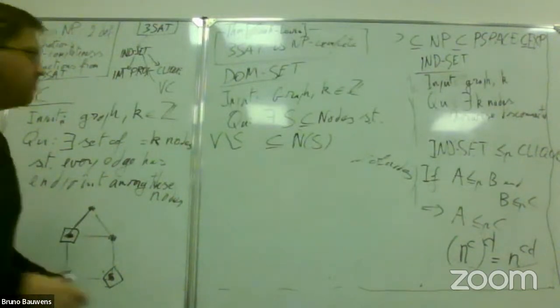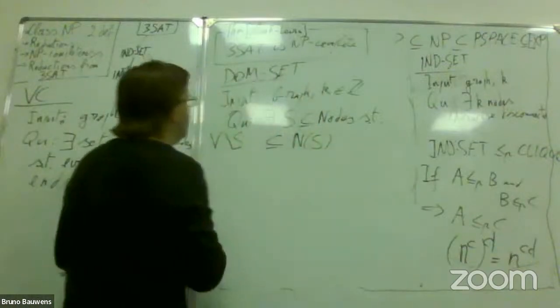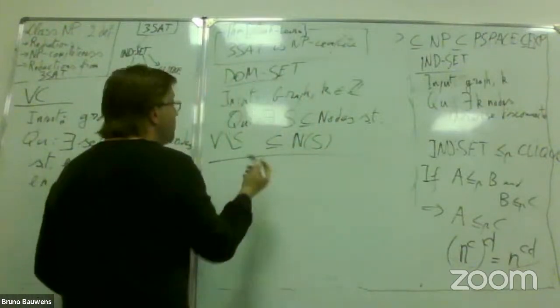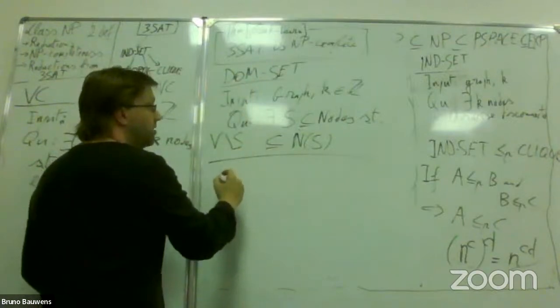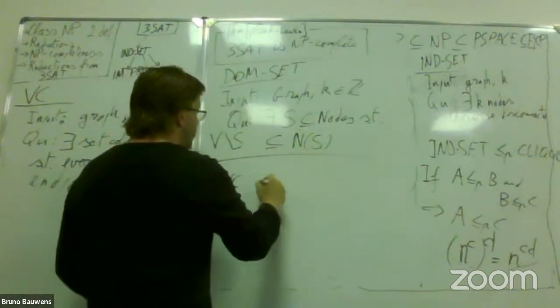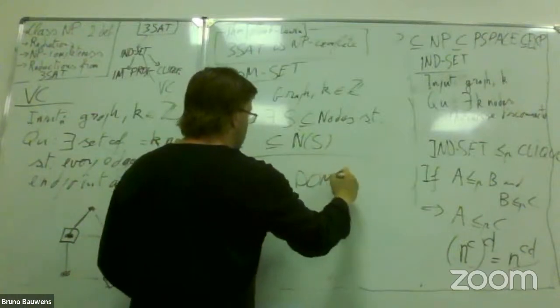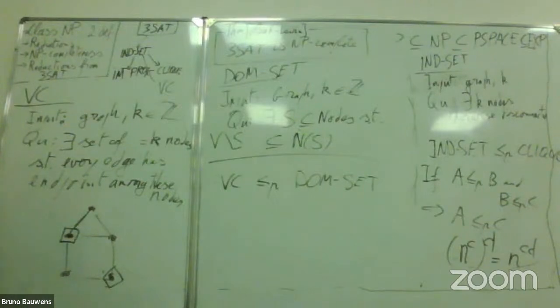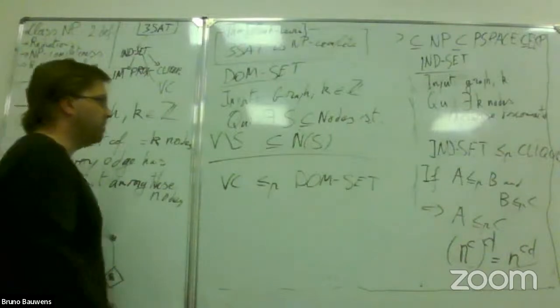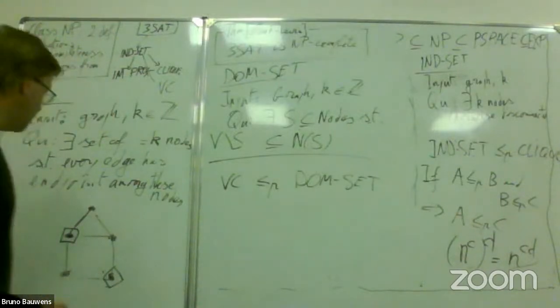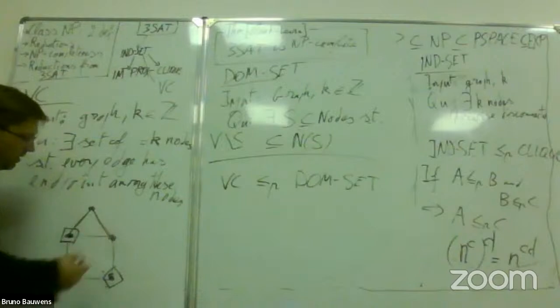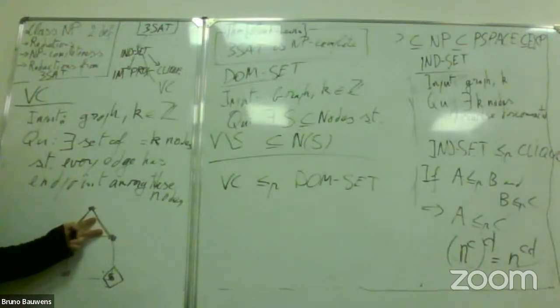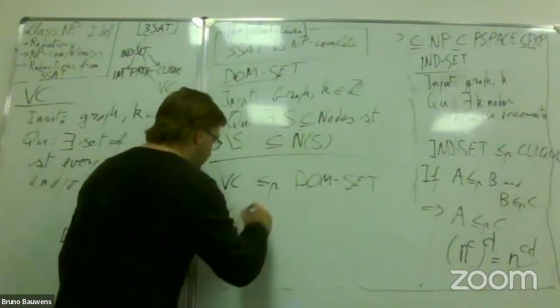Okay. And so now we want to prove that dominating set is NP-hard, and we will do it by reduction from vertex cover. This is a little bit dangerous because I forgot the reduction completely. While coming here, I tried to remember it. The plan is to insert 2 nodes in every edge. Here we have a graph and k.